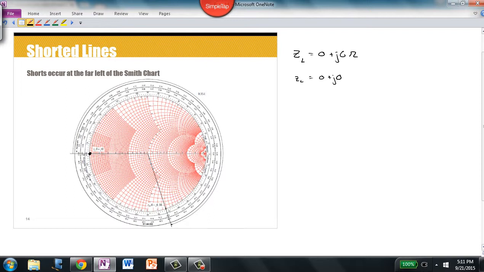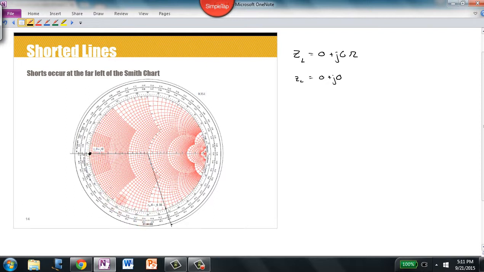For example, if we were to determine the normalized input impedance of a shorted line with an electrical length of 0.35 lambda, we plot our normalized load impedance at 0 plus j0, and we rotate a length of 0.35 lambda clockwise.